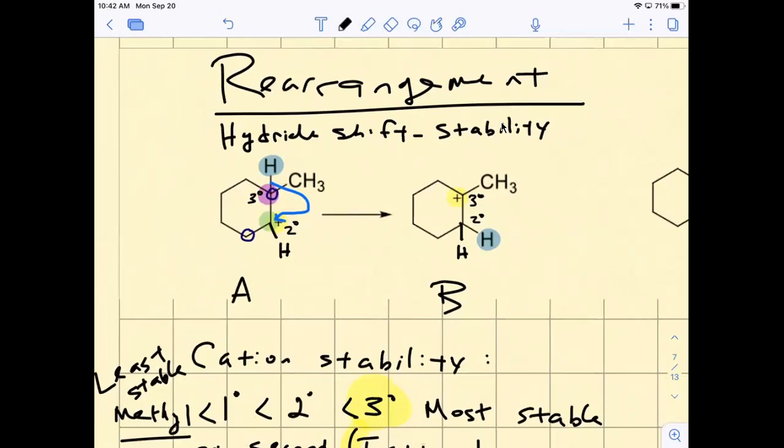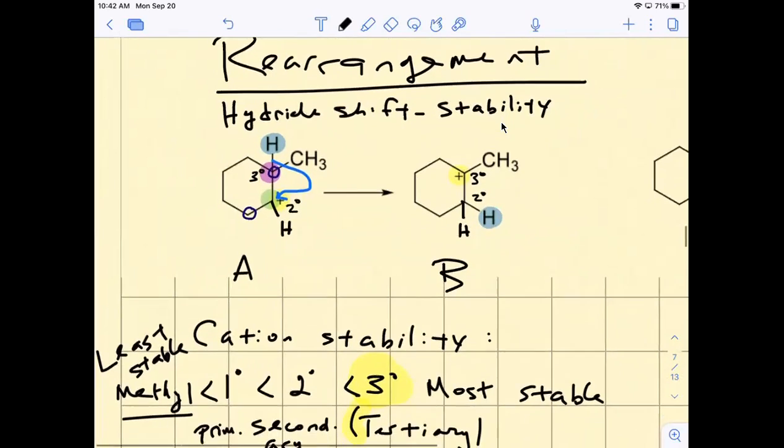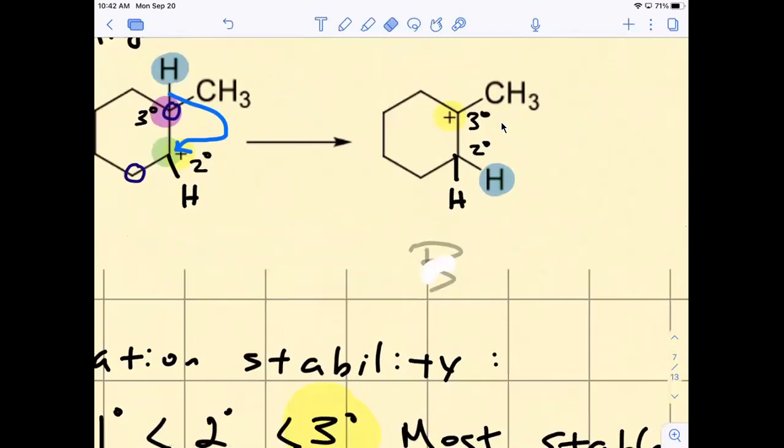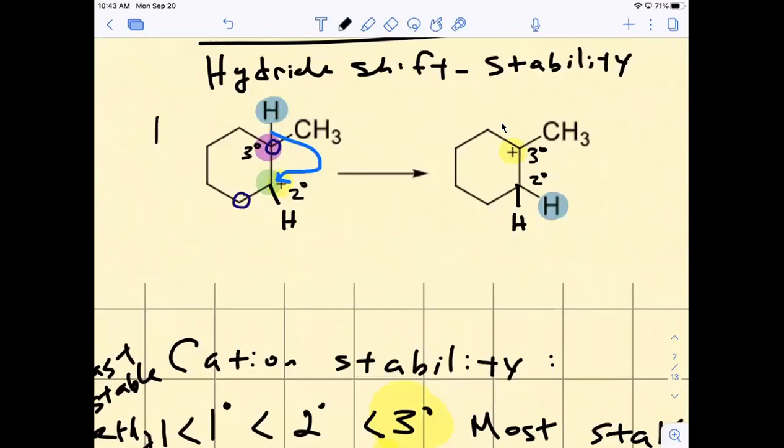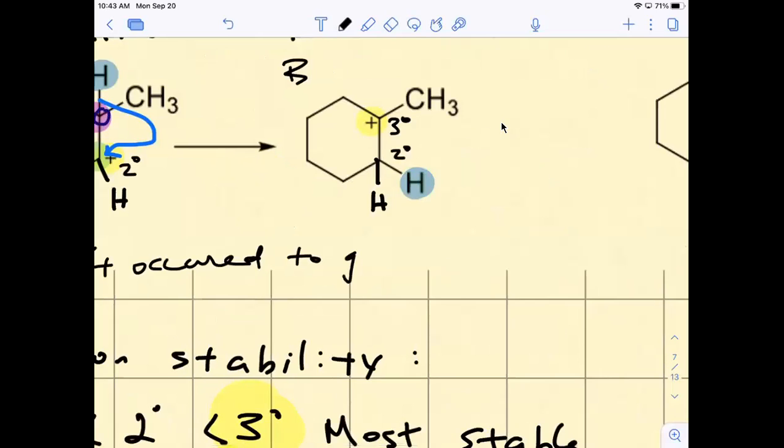So a lot of times rearrangements happen in order to get from a less stable state to a more stable state. So in the case of hydride shifts and things like that, they happen for stability. So the shift occurred to go from what?